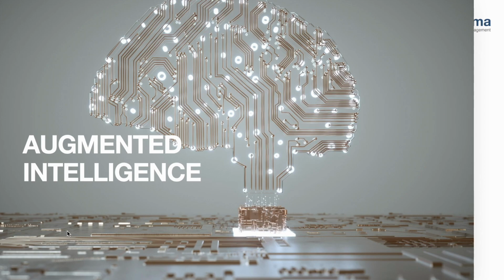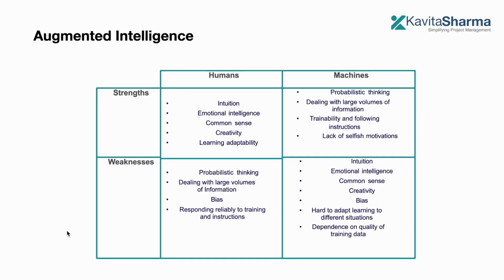So, with all of that, the concept which has come is augmented intelligence. What is it? We as humans, we have strengths: we have intuition, we are very good in emotional intelligence, we have common sense, we are good in creativity, and we learn fast. Our weakness is we cannot deal with a lot of data.